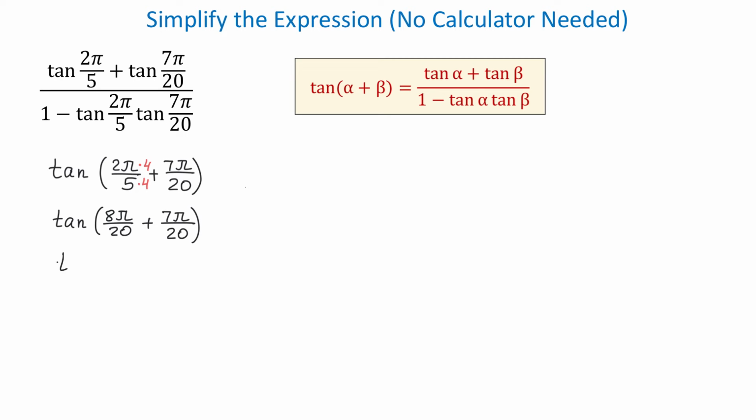This equals tangent of 15 pi over 20. And if we divide the numerator and the denominator by 5, we will have tangent of 3 pi over 4. And this is an angle that we can find on the unit circle.